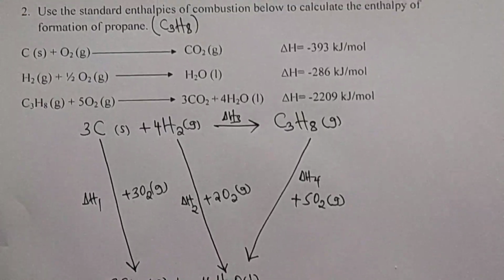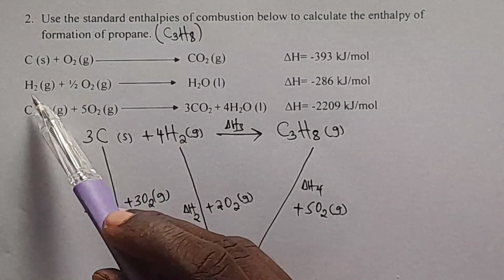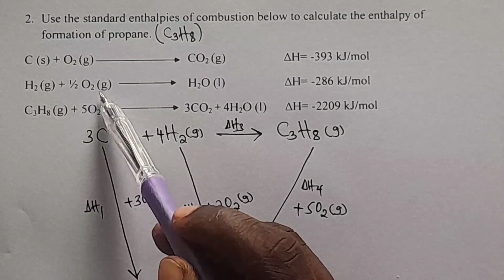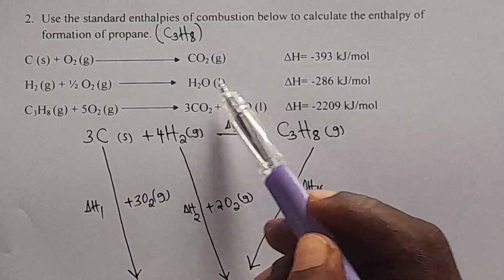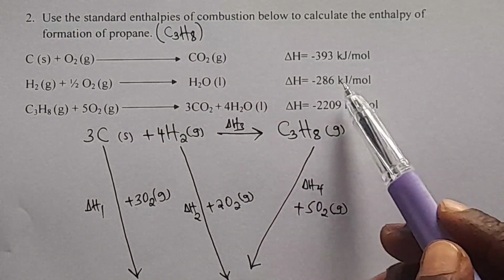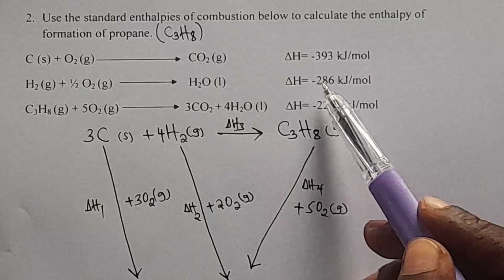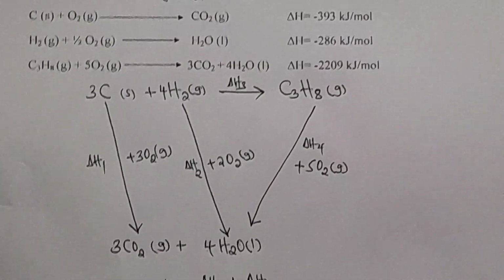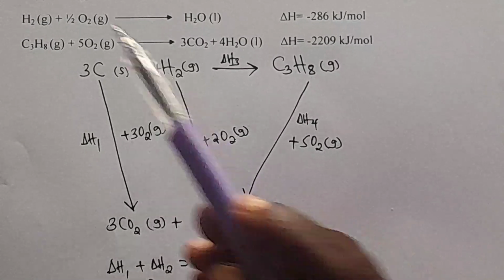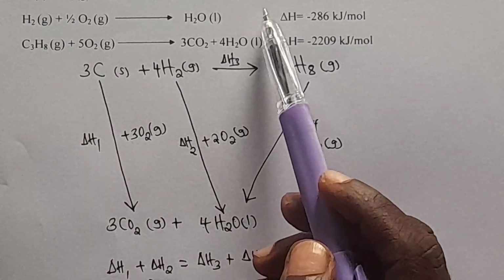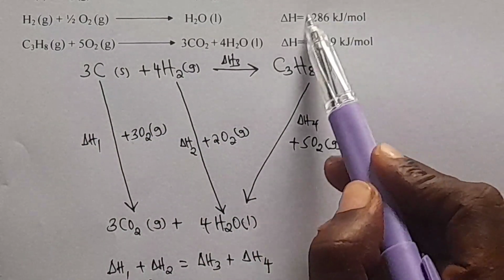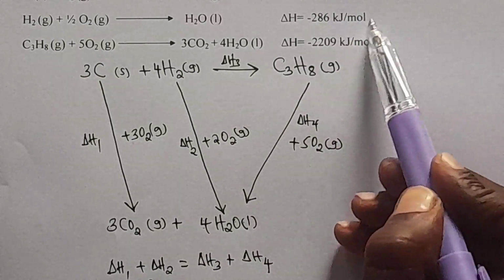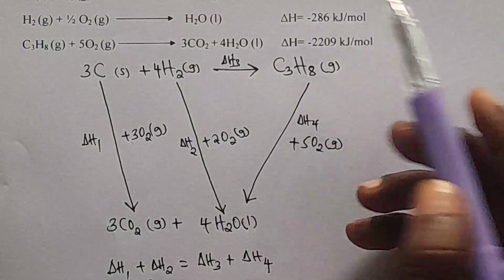We go to the side of hydrogen. Here we have hydrogen reacting with half mole of oxygen gas giving us 1 mole of water. So what we have is negative 286, the standard enthalpy of combustion of hydrogen. But if you check the energy cycle, we have multiplied the whole of this equation by 4. So we are supposed to also multiply this standard enthalpy of combustion of hydrogen by 4.